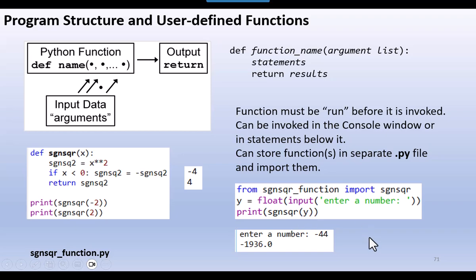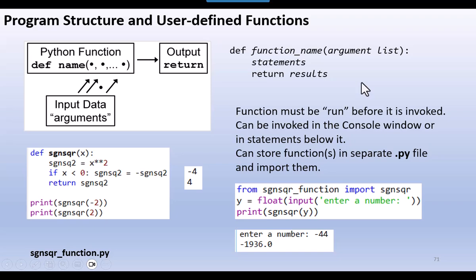So that happens more frequently when you have a function which is much more extensive and you want to store it in a separate file. But the general code syntax is def, the name of the function, an argument list, and then you have statements, and then you have the return statement to return results, and that's what that looks like.